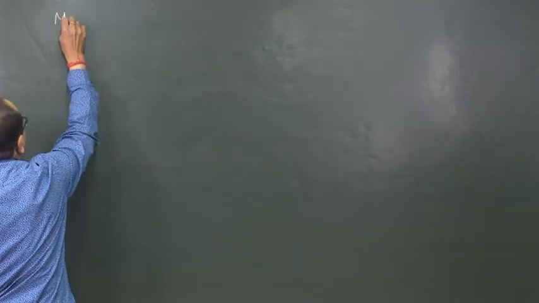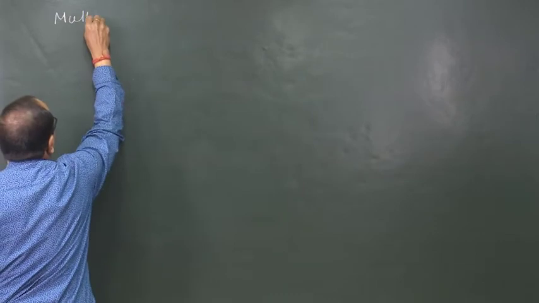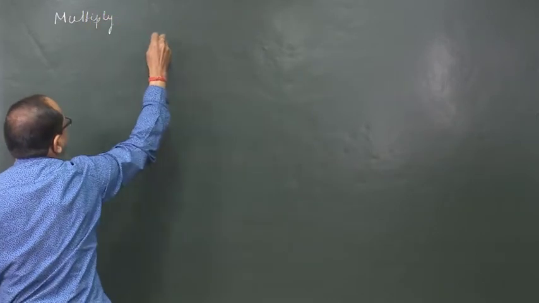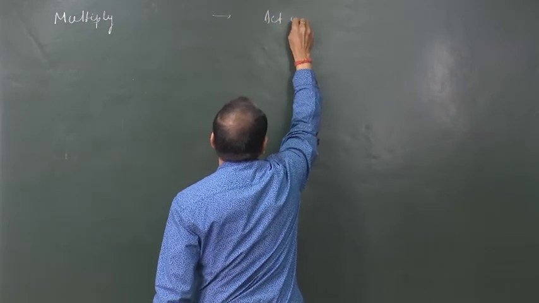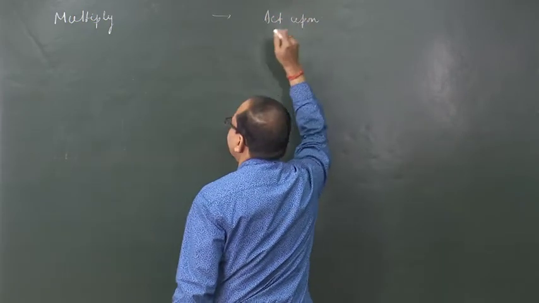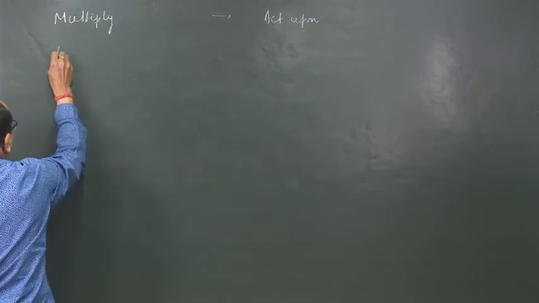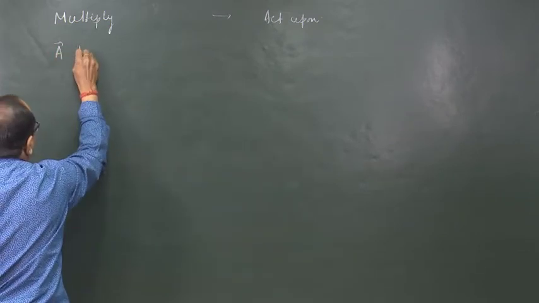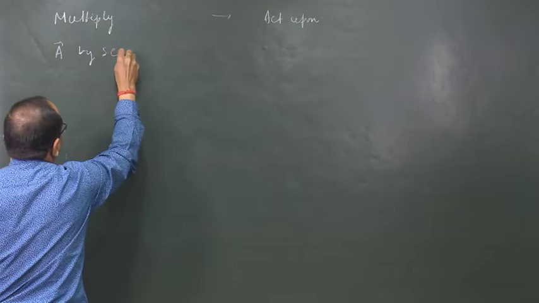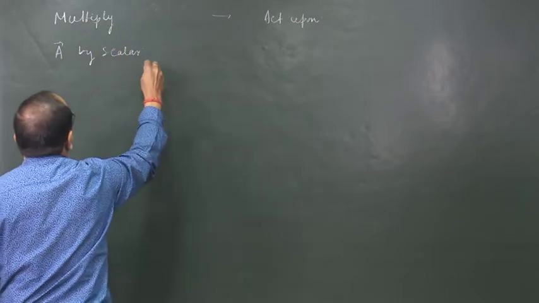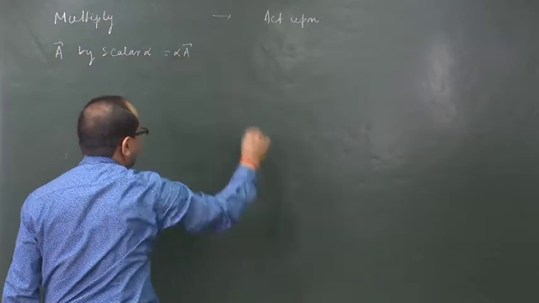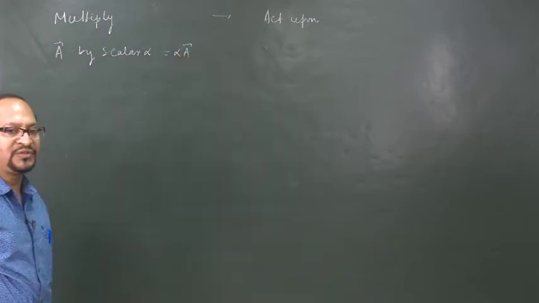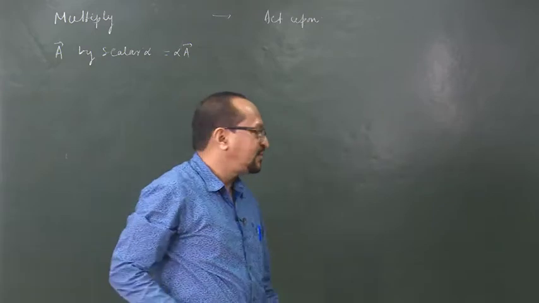Let me write in tabular form: multiply, and here it is act upon. A vector multiplied by a scalar alpha gives alpha into A, which is a vector in the same direction with magnitude becoming alpha times.